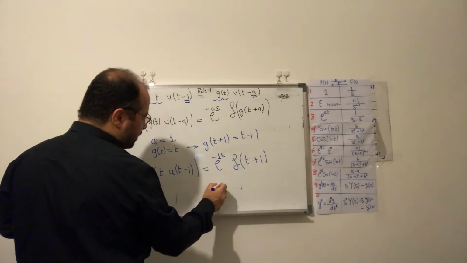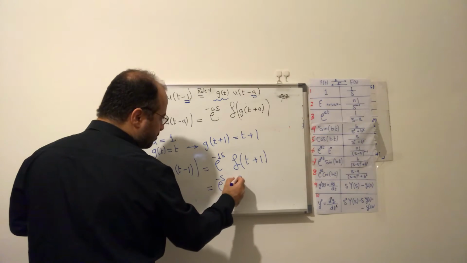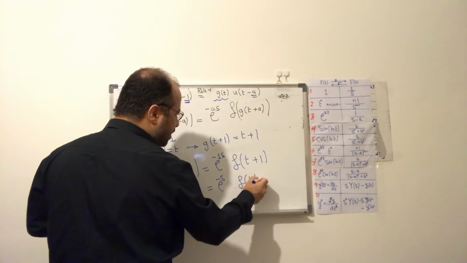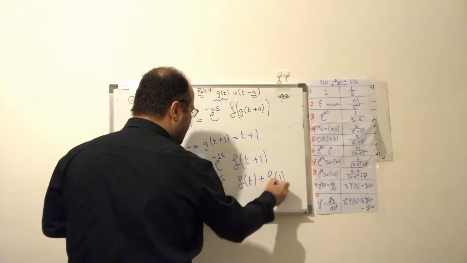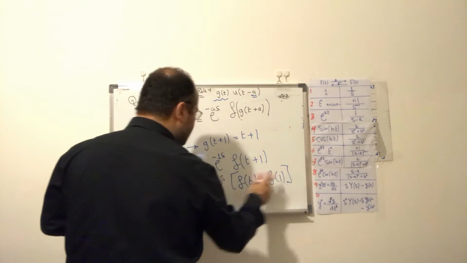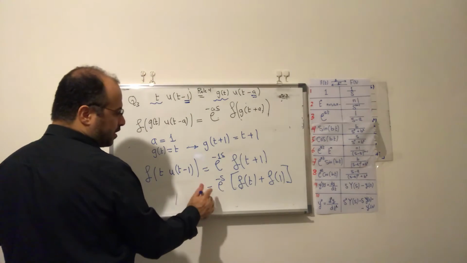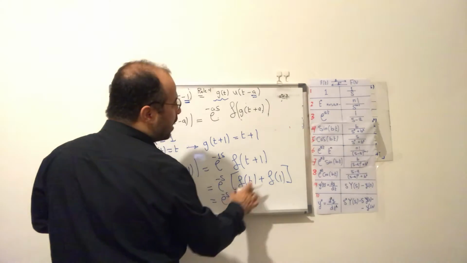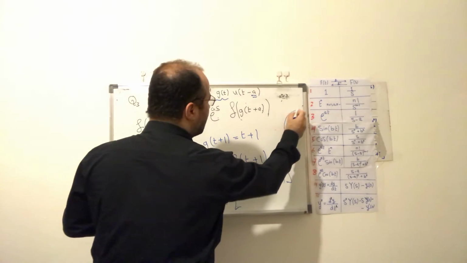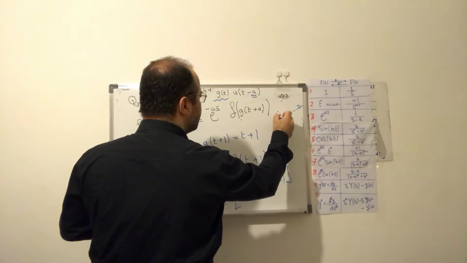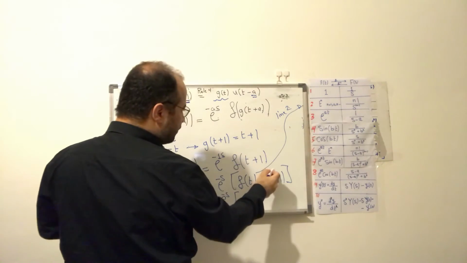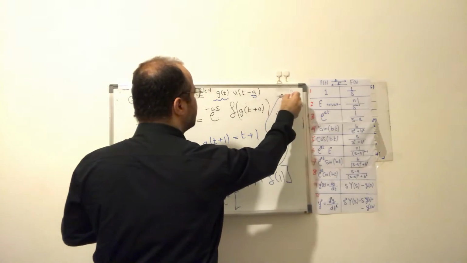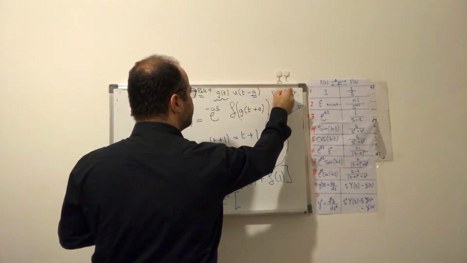So e to the minus s times the Laplace transform of t plus the Laplace transform of 1, and don't forget to multiply all that with e to the minus s. Again I'm applying rule line number 2 for the first one, and line 1 for the second one.